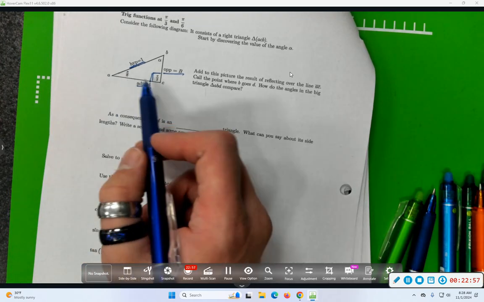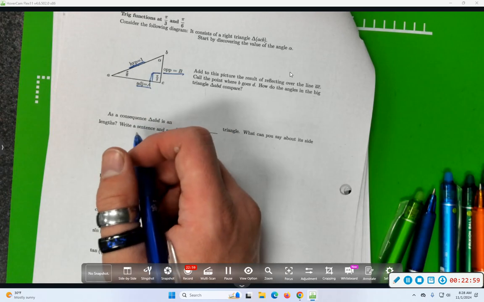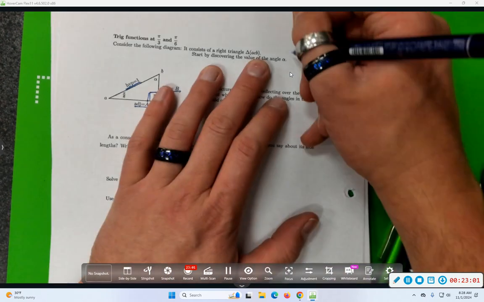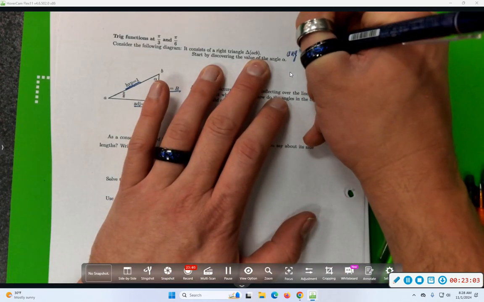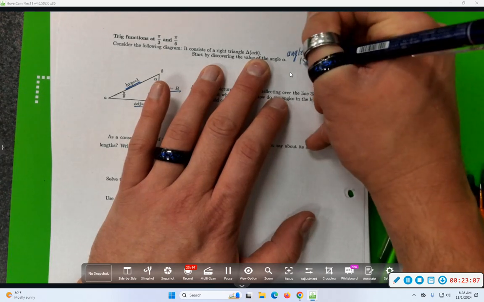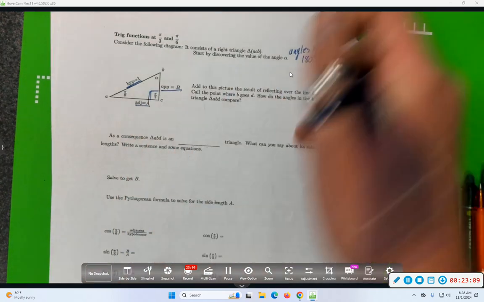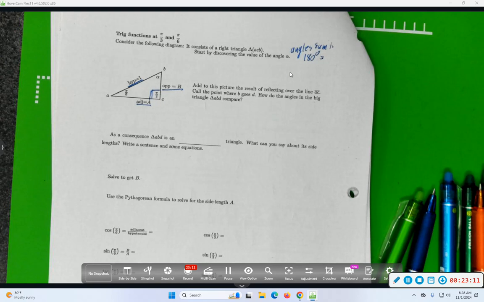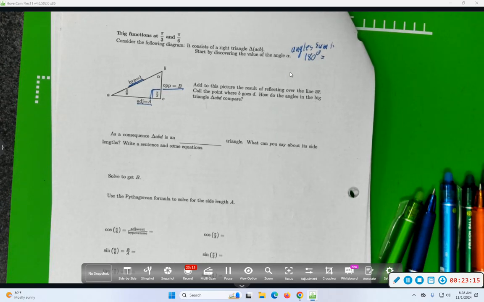So this angle plus that angle plus the third should add up to 180 degrees. But everything in this diagram is in radians. So let's put that 180 degrees in radians. How many radians is 180 degrees? Pi.